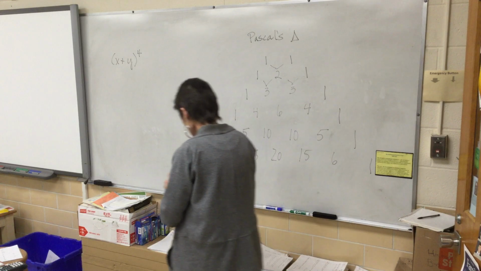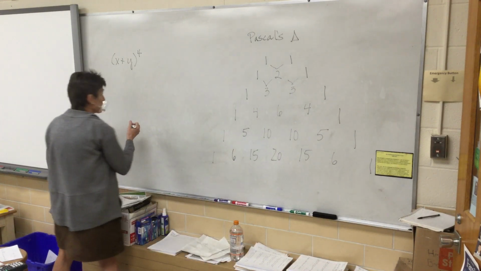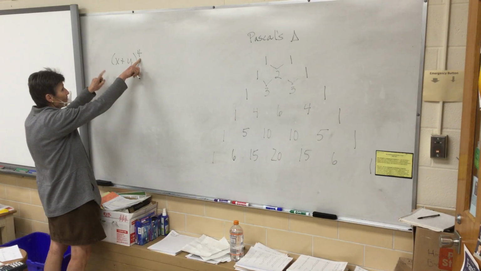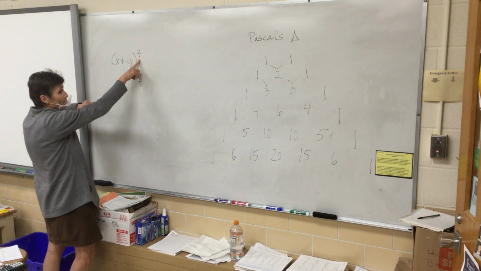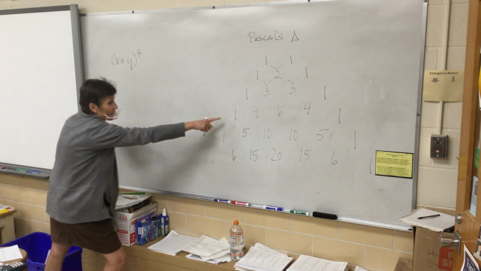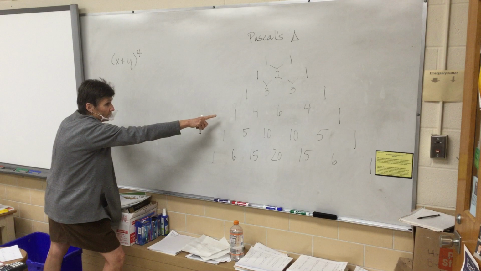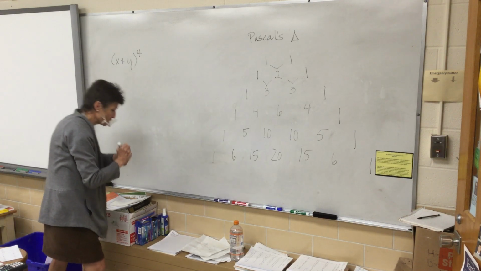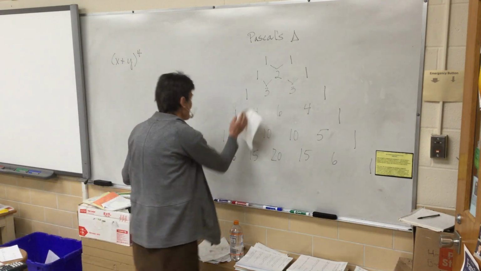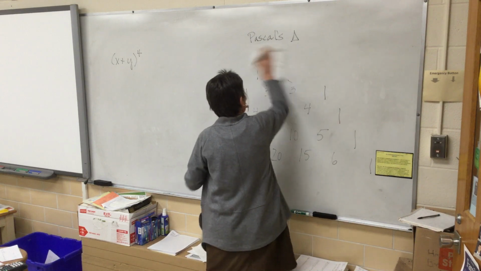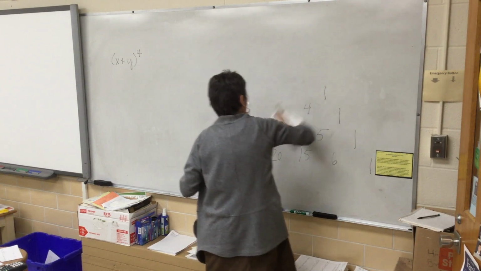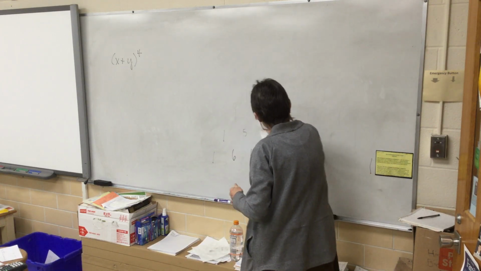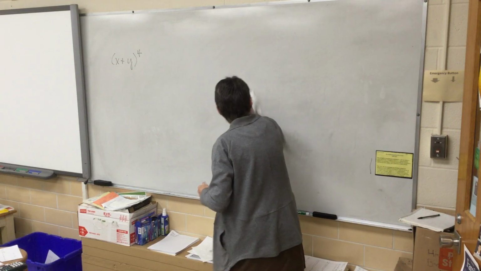then the first thing I want you to do is go to the fourth row of your triangle. So here's the fourth row of the triangle, right here. And I want you to copy down those numbers. So you're going to copy down, I have to erase mine because I don't have any room, 1, 4, 6, 4, 1.